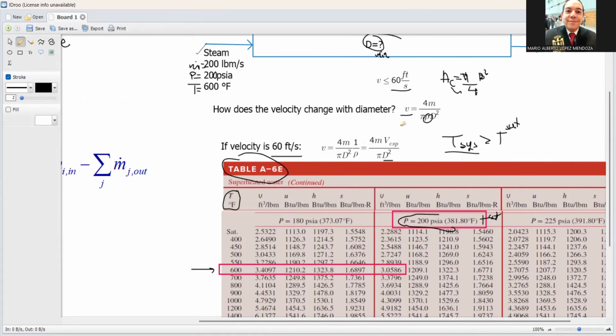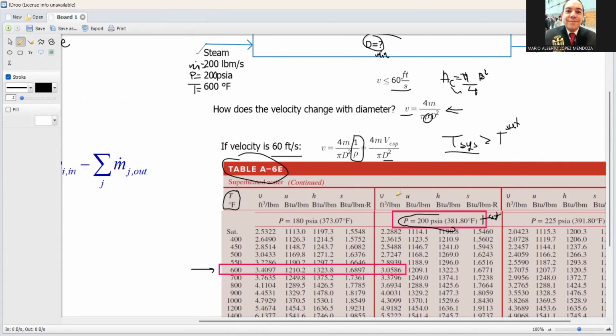But if we rewrite this first equation in terms of the density in a separate term, we have this factor, the reciprocal of density, and the reciprocal of density is the specific volume.